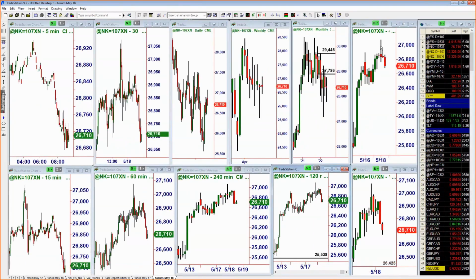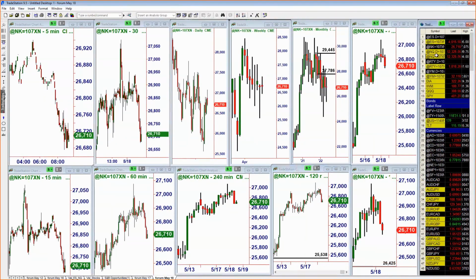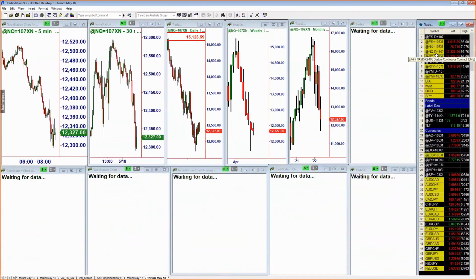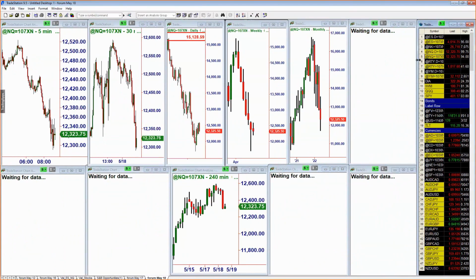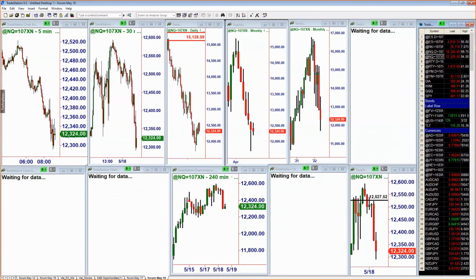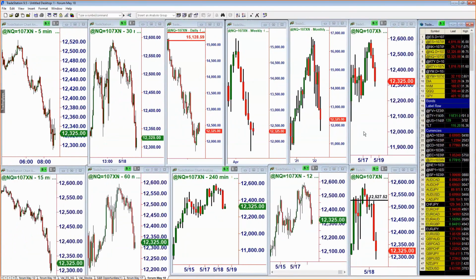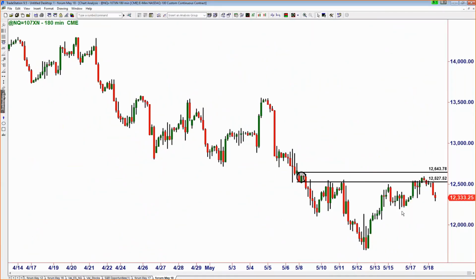Does that make sense? Now we haven't even looked at the Nasdaq yet, so let's go over here. These are all fairly weak. This is all within the week's range here, so not a big deal. We've been down here. So we look at the Nasdaq, and we looked at this zone already.